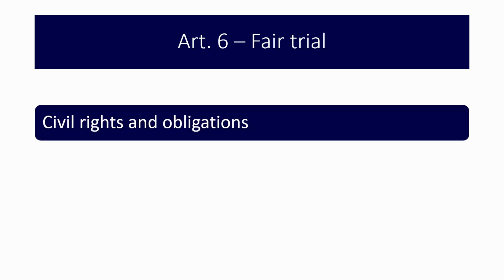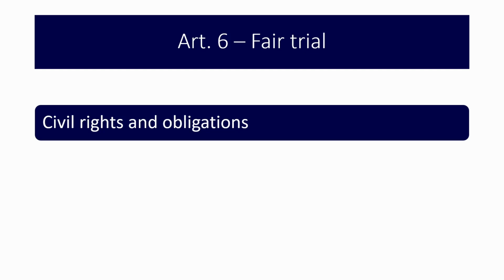Article 6 ECHR governs the right to a fair trial. Article 6 is only applicable to proceedings which concern civil rights and obligations or criminal charges. That means that there are proceedings which do not have to satisfy the requirements of Article 6. This applies, for example, to certain disputes regarding taxes or administrative proceedings.